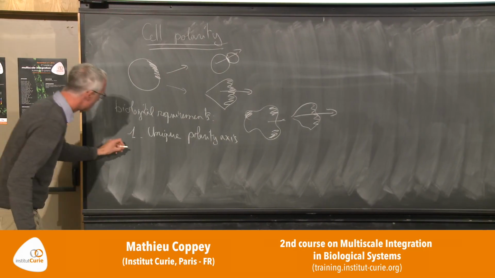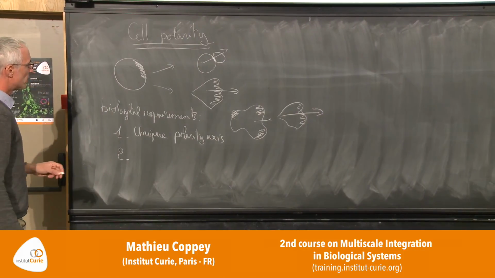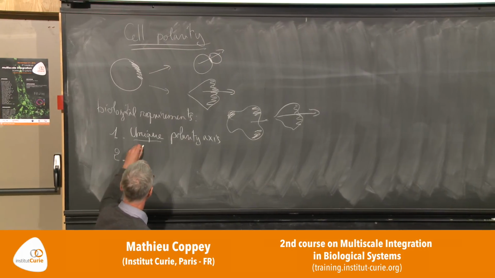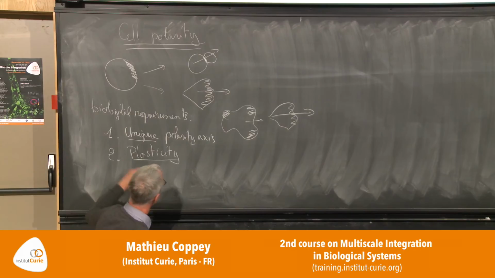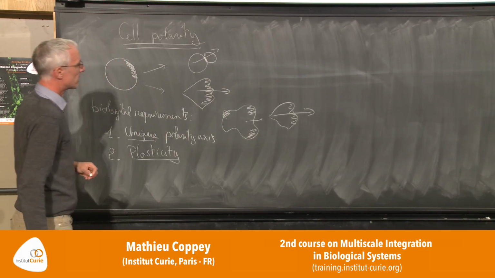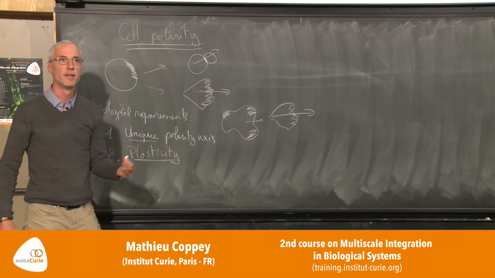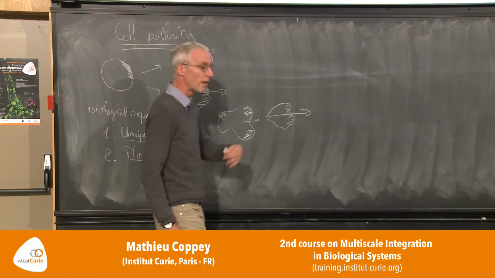So the second requirement, after uniqueness, is to have something that will show plasticity. What I mean by plasticity is that most of these cues that we localize somewhere are maintained as a steady state, but they can actually be reoriented as well.